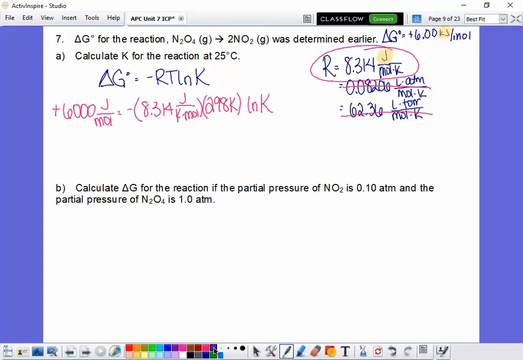You're going to have to isolate natural log of K first, and then do E to both sides. So go ahead and solve for natural log of K. You're just going to be dividing. This is all algebra. We've been doing algebra since like middle school, right?